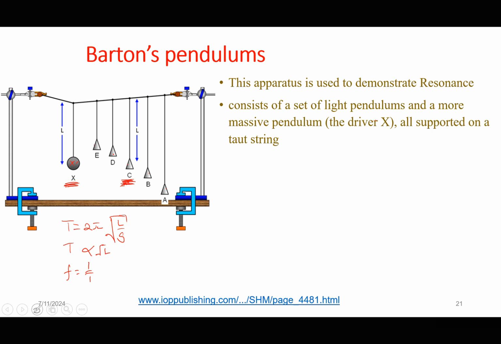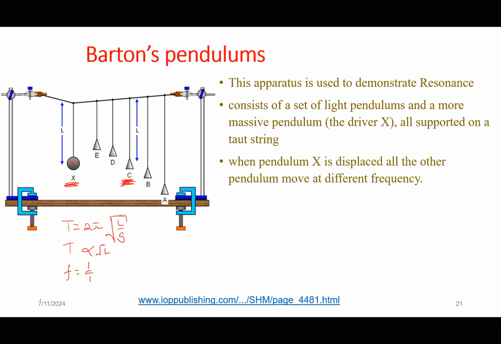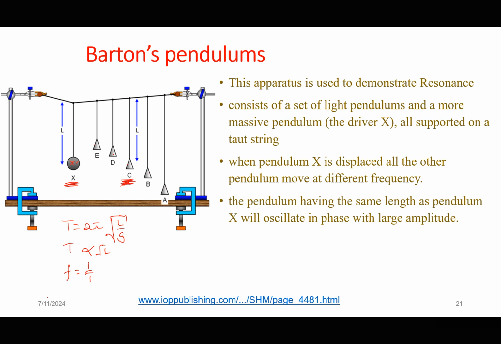It consists of a set of light pendulums and a more massive pendulum, which is called a driver. I call it X. All of these are supported on a taut string. When pendulum X is displaced, all the other pendulums start moving, but at different frequencies. The pendulum which has the same length as X will oscillate in phase with X and with a large amplitude.